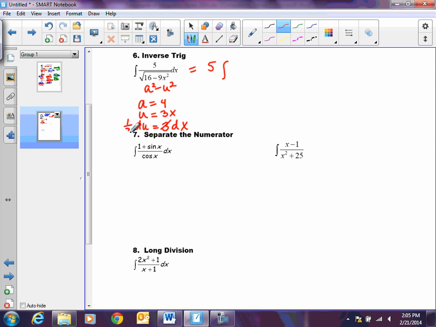And if I divide over the 3, I need to put a 1/3 out, or I'll just put 5 over 3. Okay, some of you missed some points yesterday, and you would have caught them if you had been more thorough, and that is we are going to substitute all this stuff in. So I'm going to have my du, I'm going to have my square root, a squared minus u squared.